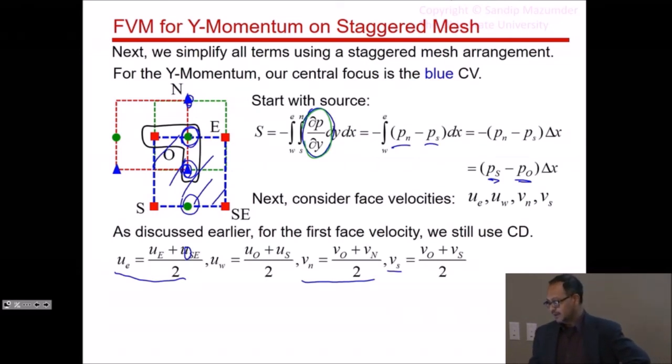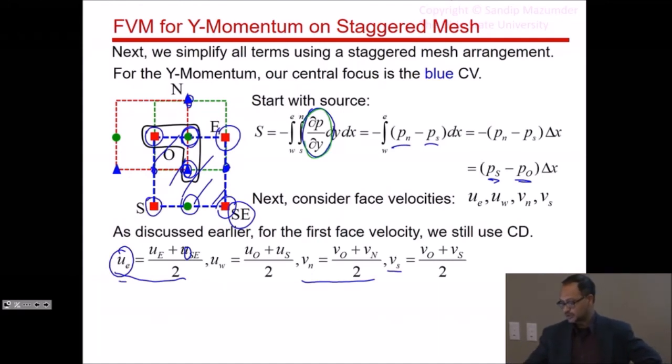Then I need U velocity at the eastern face, right there. How am I going to get that? Well, I have to use something different now. I have to use the average of southeast and east, these two guys. The two red points, I'm going to average those two to get the U velocity there. And similarly on this face, I'm going to average this guy and that guy to get the U velocity on the western face.